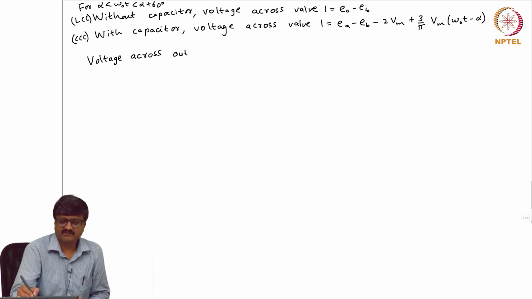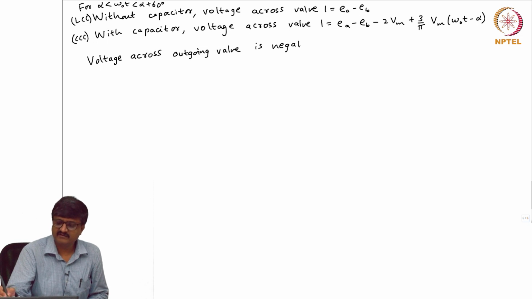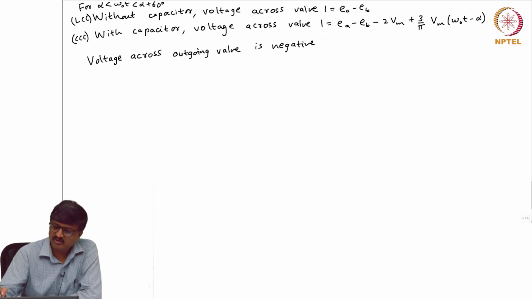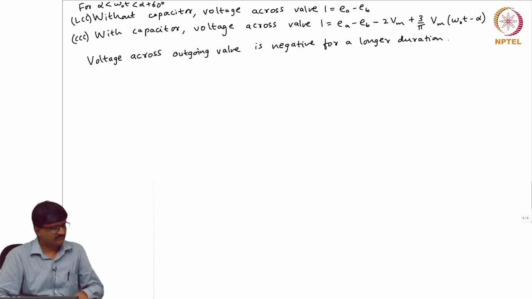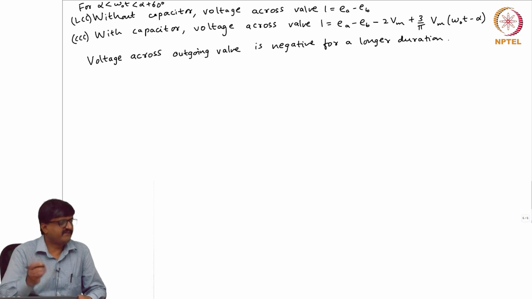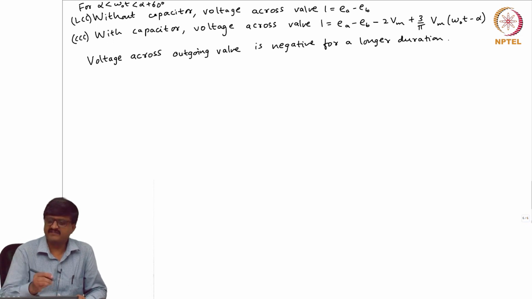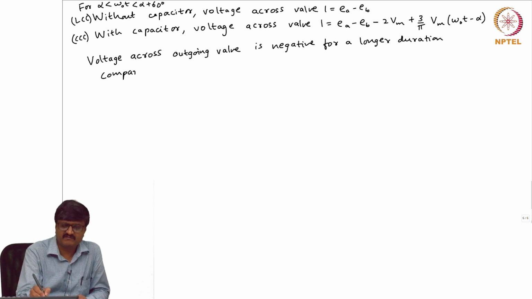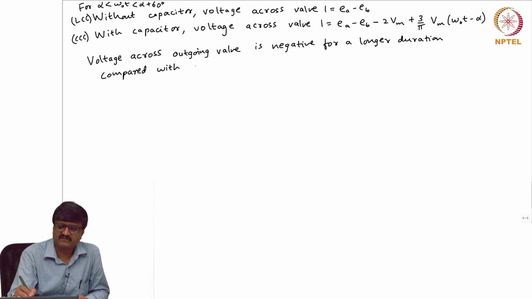Though I have taken just the example of valve 1, the voltage across any outgoing valve is negative for a longer duration, compared with the situation for LCC.